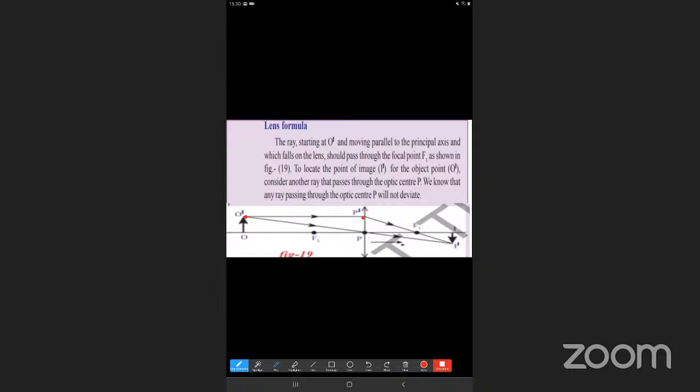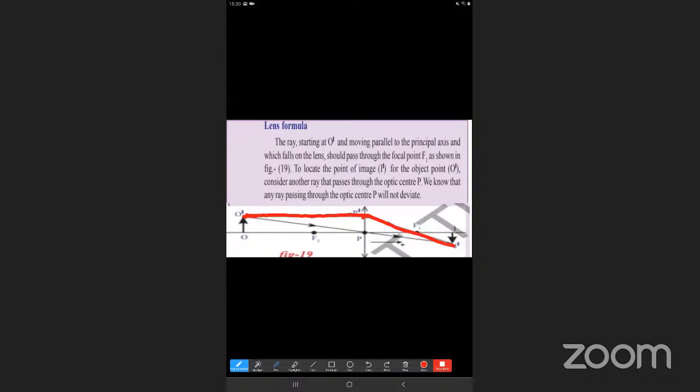And also we know when the light ray is moving through the center of curvature, that means at the pole, the refracted ray also moves on without deviation. So here we have to draw the two ray diagrams. You can see the first passes through the focus point, and here is the second ray diagram.